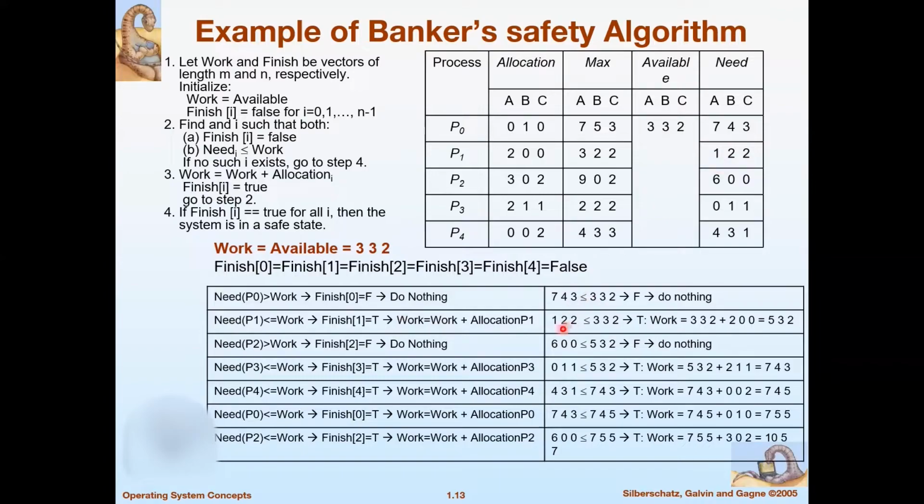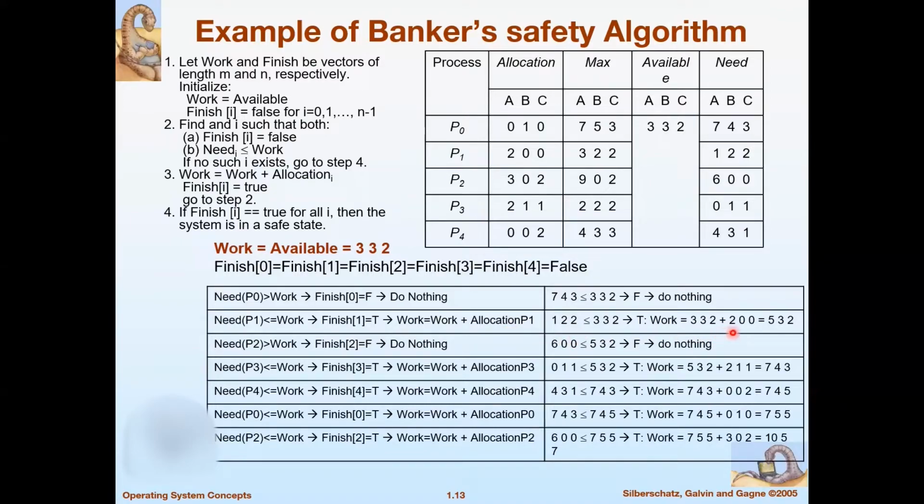So P1 can complete operation and we can say finish[1] is equal to true, and work will also update by the allocation of P1, that is work equals work plus allocation of P1, because when P1 completed its task it will release all the allocated resources of it.